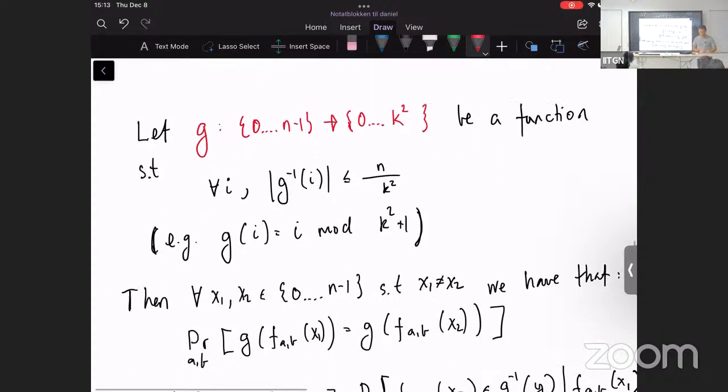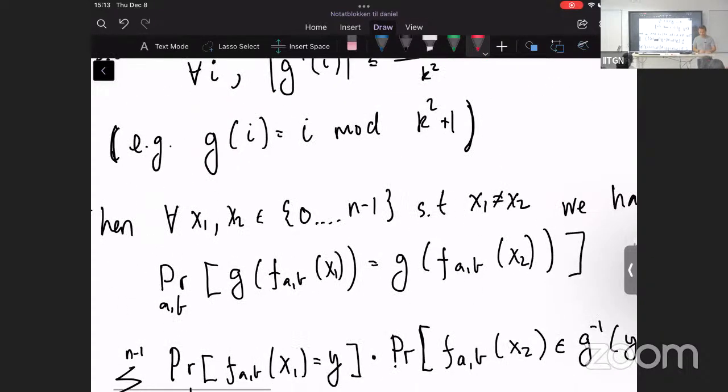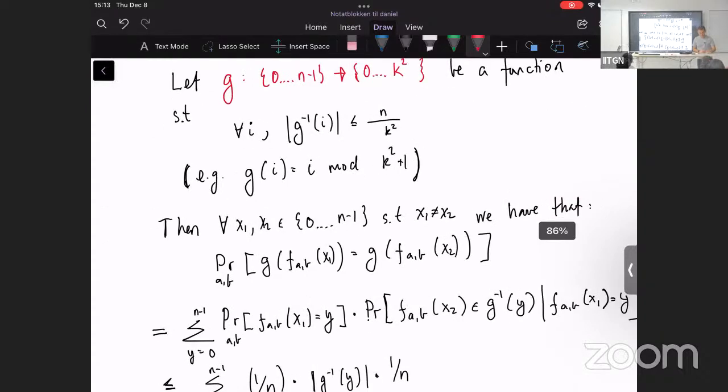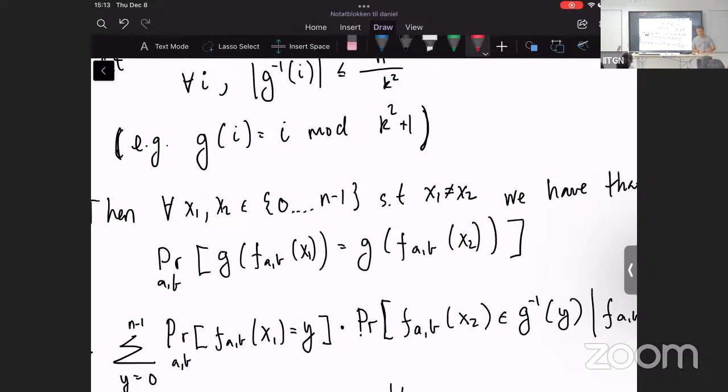Now I claim the following: if I pick a, b uniformly at random, and I apply f_{a,b} to x1 and to x2, they will become some new integers from 0 to n minus 1. Then I bucket them using g.